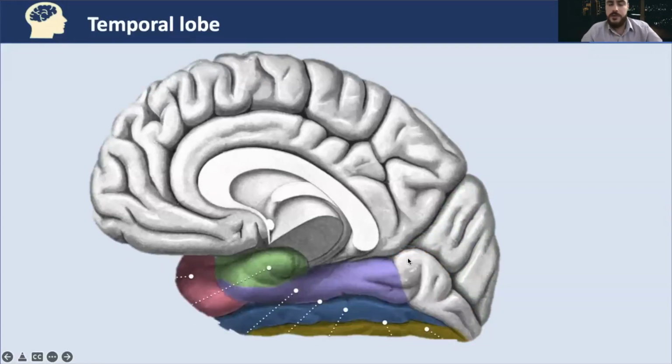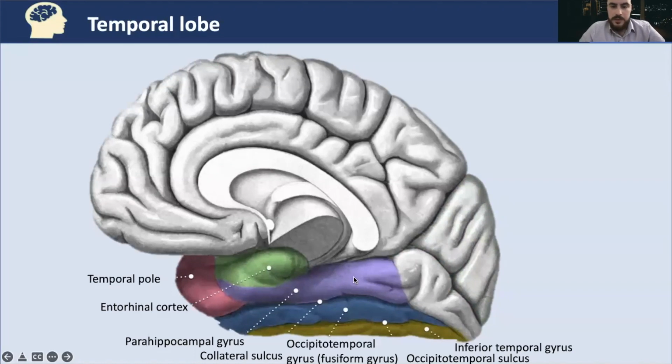Now let's move on to the temporal lobe. In the temporal lobe, starting medially, we have the parahippocampal gyrus. This is the purple one. And then we have the occipitotemporal gyrus, sometimes called the fusiform gyrus. And we have the inferior temporal gyrus, which can be visualized from the inferior surface indeed.